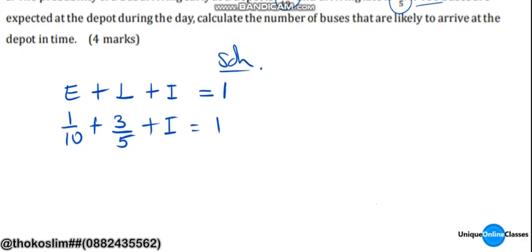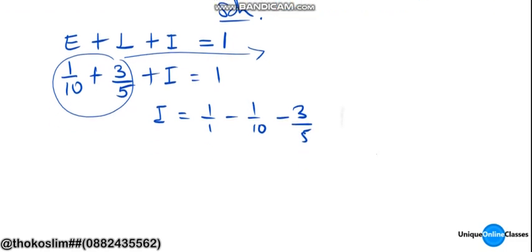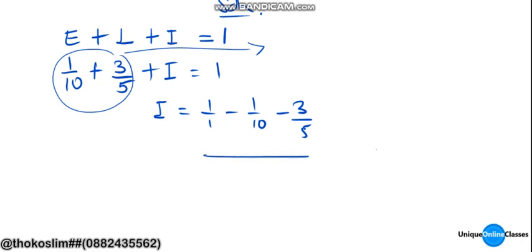If we move these, I is equal to 1 minus 1/10 minus 3/5. Our common denominator here is 10. 10 into 10, that's 1, 1 times 1, that's 1.